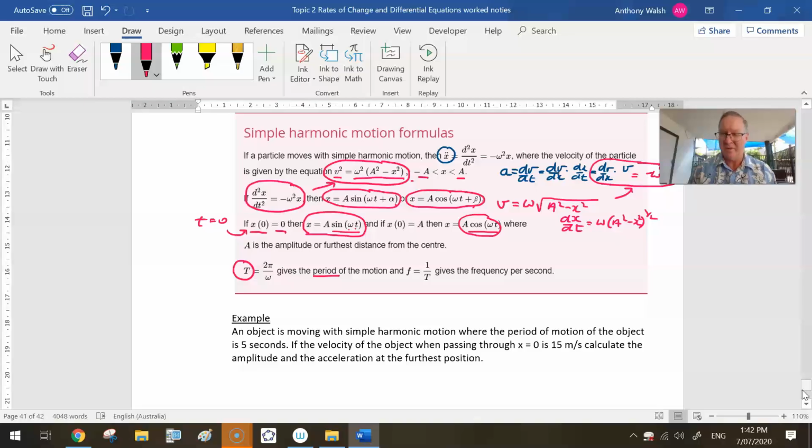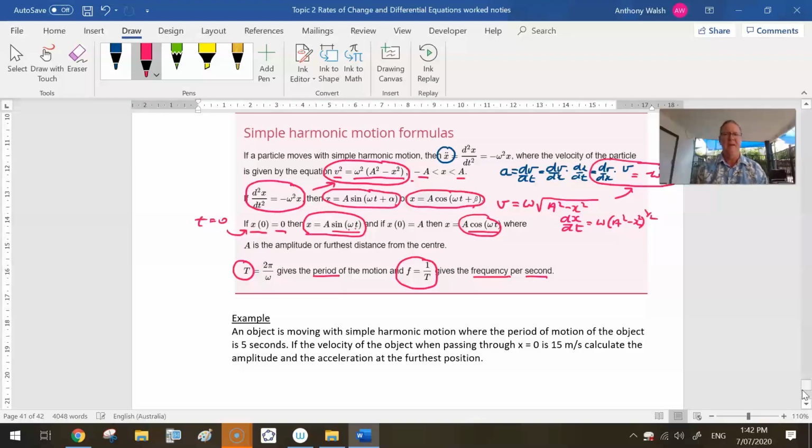Now again, what's omega? Omega is the square root of our constant of proportionality that we got from the very start, k. Also, again, frequency we know is 1 on the period. Okay, frequency per second. How many cycles can it produce in one particular second?